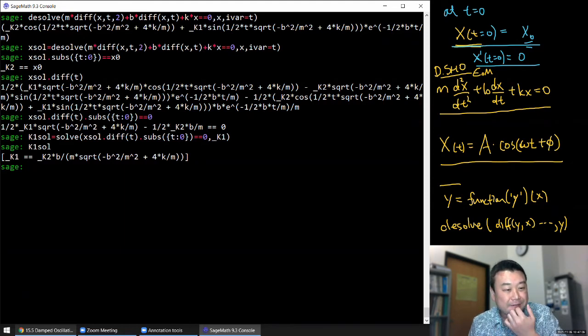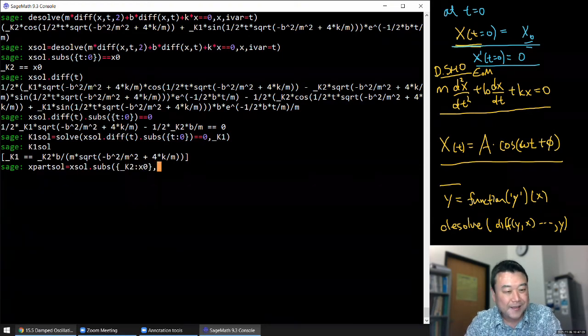So this is what we have then. The x particular solution is x solution where I'm substituting in these two values. My K2 is simple, it's just x naught. And my K1 is apparently this complicated thing here.